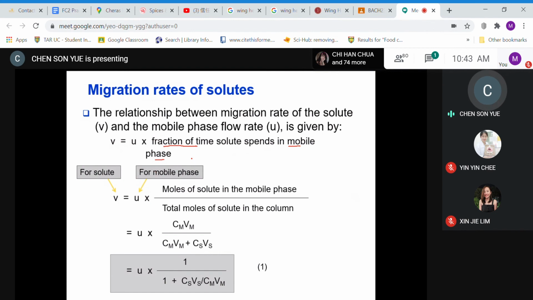This fraction is the number of moles of the sample in the mobile phase over the total moles of the sample in the column, which is mobile phase plus the stationary phase.